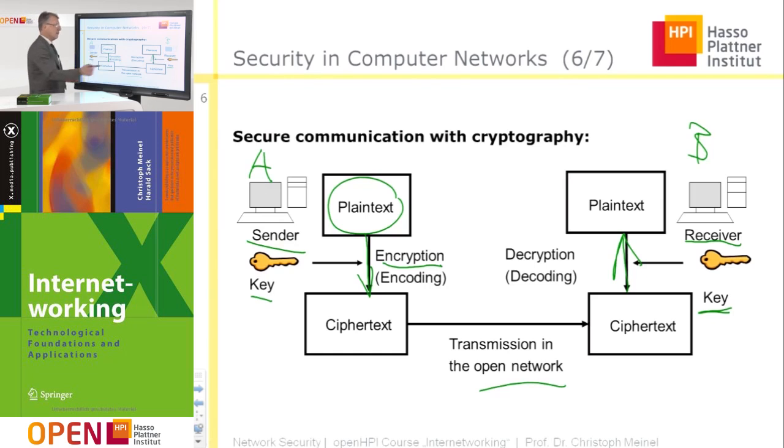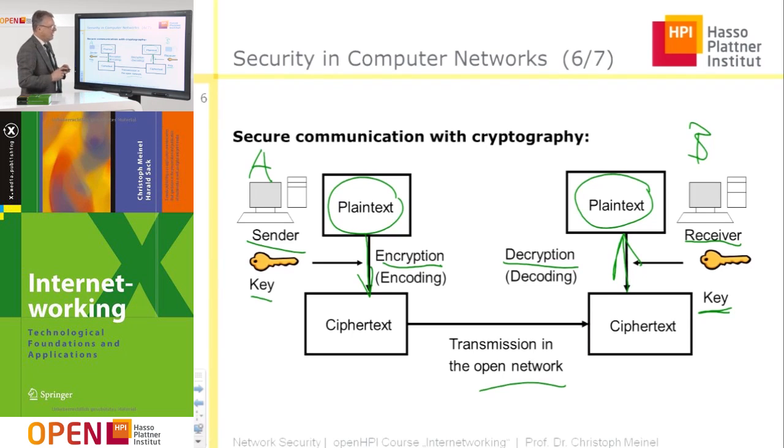This transformation from the ciphertext to the plain text is the decryption. Then what Bob receives is the original plain text Alice wants to communicate to him. But during the transport through the open network, nobody could see the content.